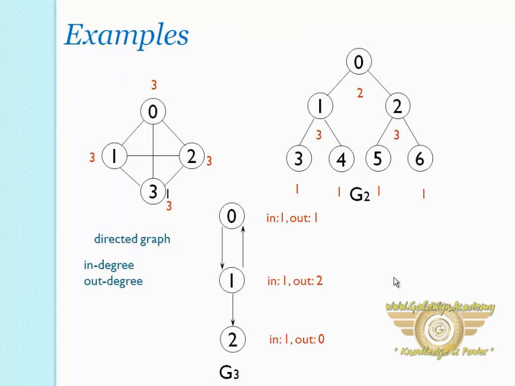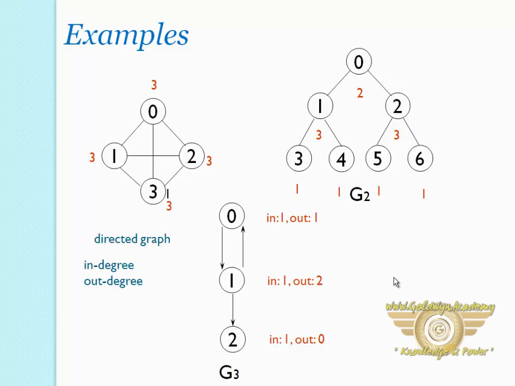Consider these examples. The first graph, which is an undirected graph, all nodes have the same degree, that is 3. Consider the second graph. It is a tree, and the root node has degree 2, the two child nodes have degree 3, and the rest of the nodes have degree 1.